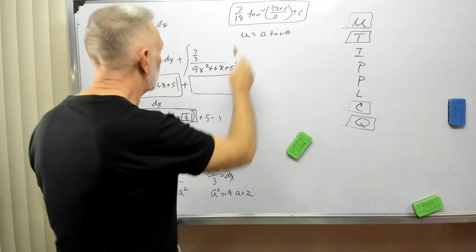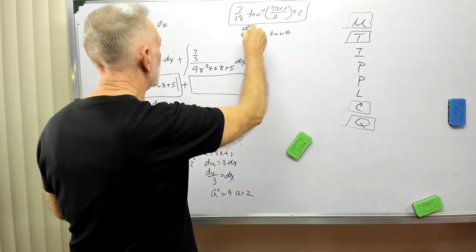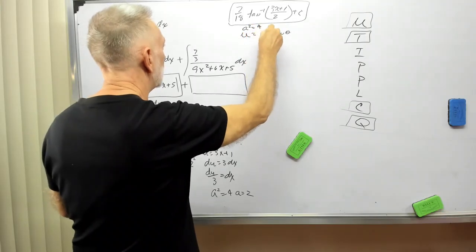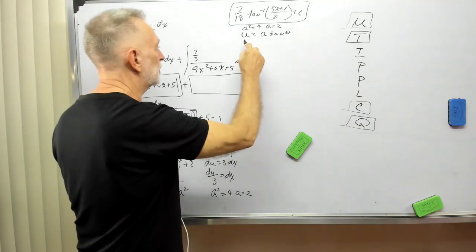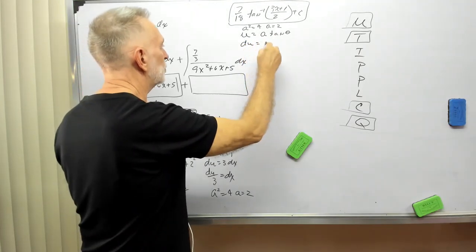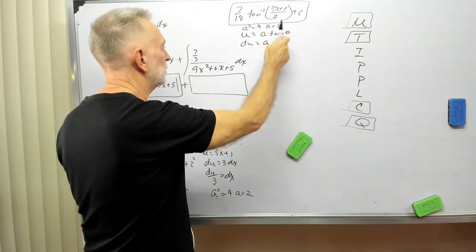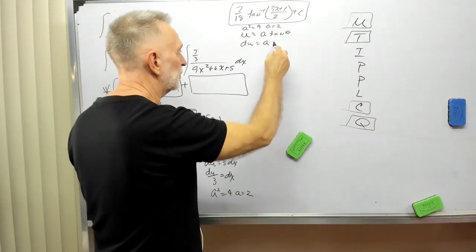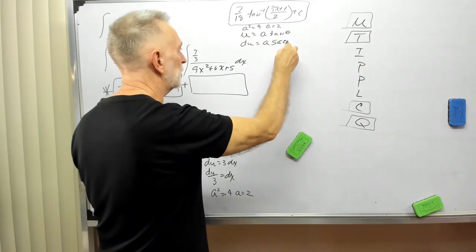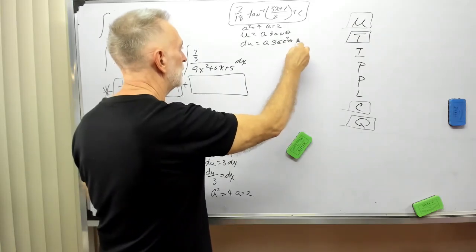Remember a squared equals 4, a equals 2. If u equals a tangent theta, du equals a, remember the constant rule, we pull the constant out, the derivative of tangent theta is secant squared theta d theta.